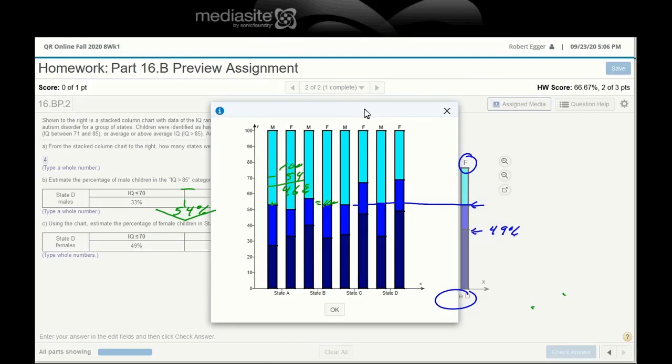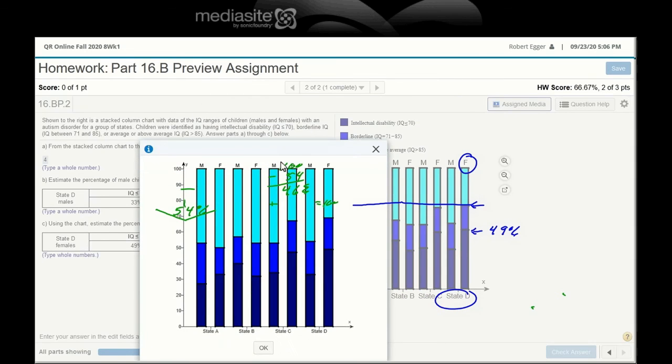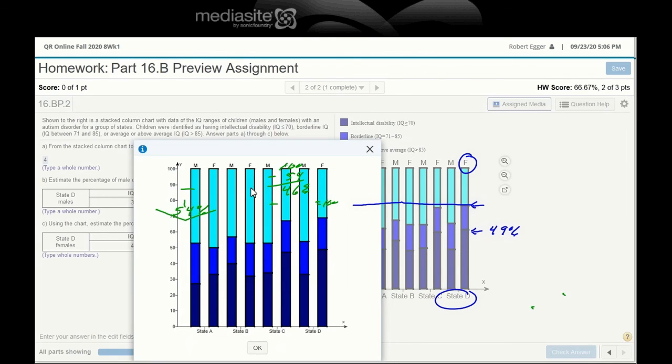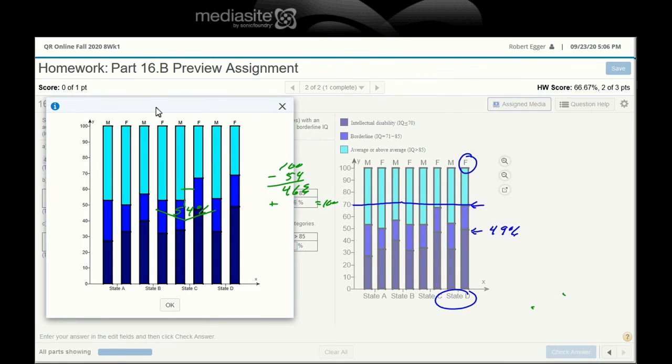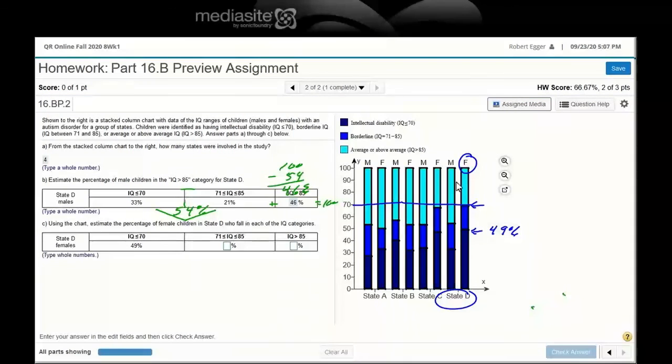I'm thinking 70. Maybe not. Well, I'm going to go at the moment 70% for lack of better numbers there.